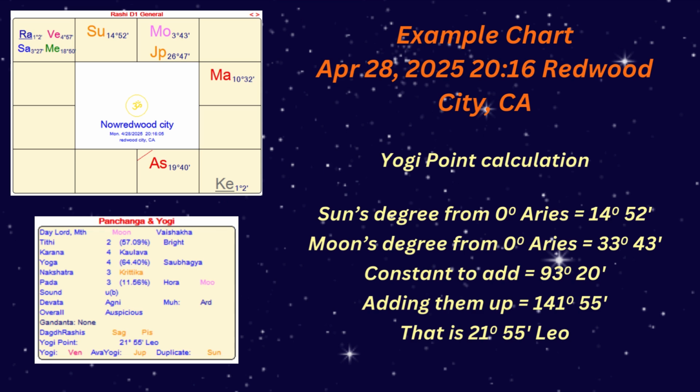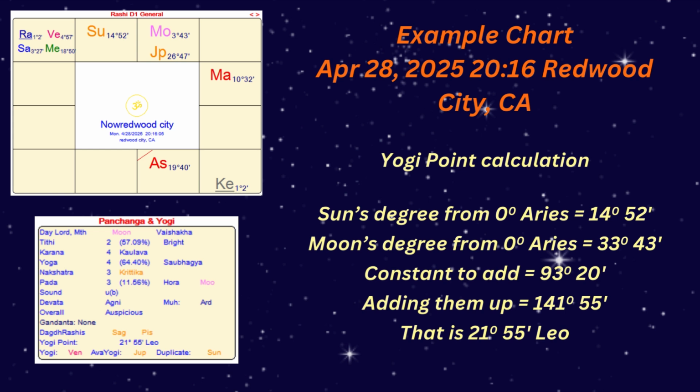Then add the Moon's position within Taurus, which is 3 degrees and 43 minutes. And so the total Moon longitude is 30 times 1 plus 3 degrees 43 minutes, which is 33 degrees and 43 minutes.